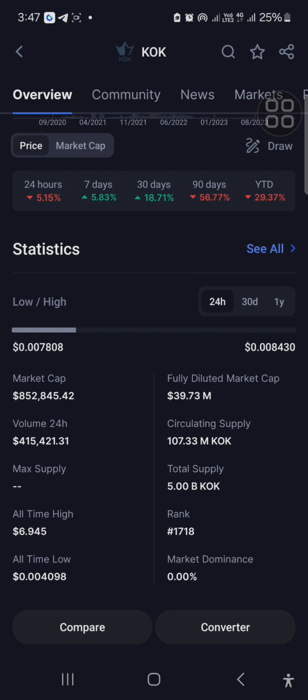Some developers of some coins actually burn some of the coin if they want to reduce the total supply. Remember that I always say crypto thrives on the forces of demand and supply. So most coins, especially coins that have strong backing and strong developers that know what they are doing, may decide to burn some quantity of a particular coin.